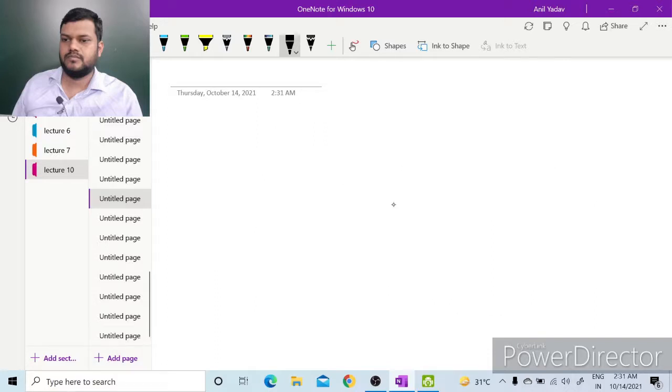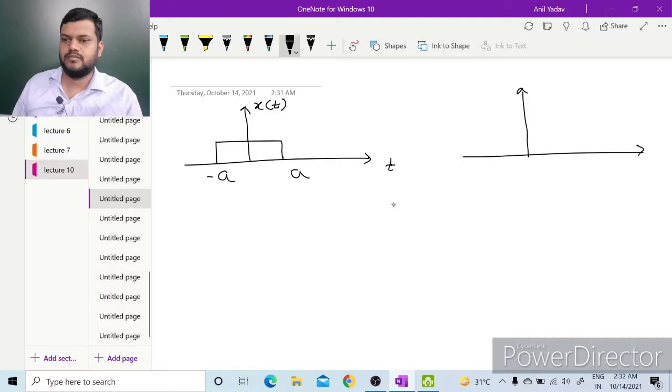So let us take one example. Let us say xt is a gate function, from -a to a, and let us say ht is again from -a to a.